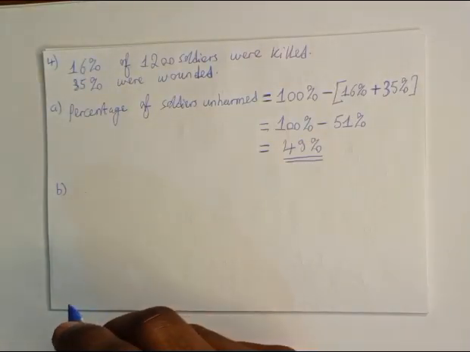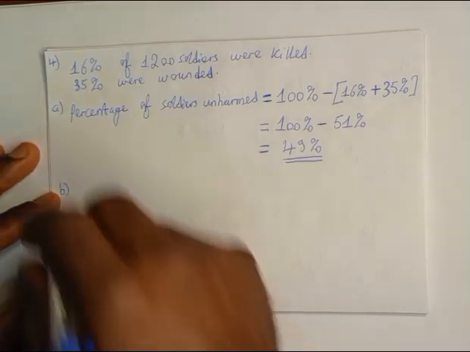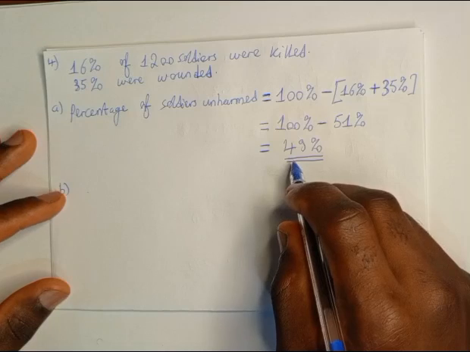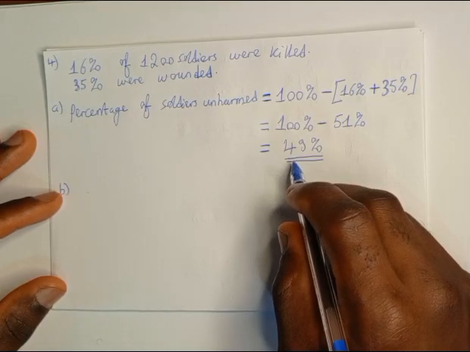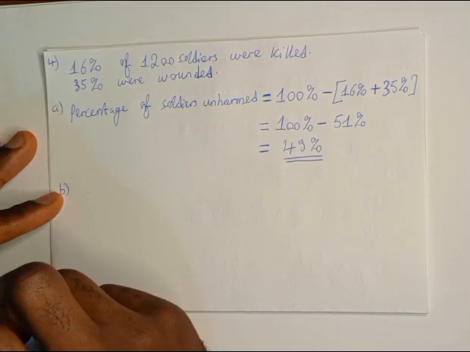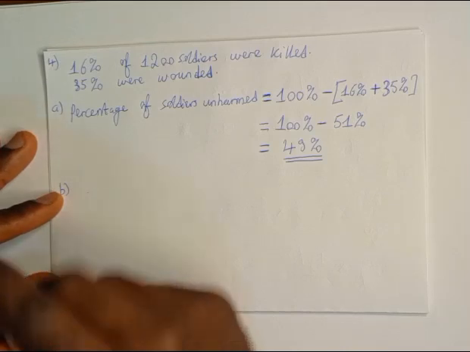For us to get the number of soldiers who were unharmed, we are simply going to multiply the fraction of the soldiers who were unharmed by the total number of soldiers who went for the battle, 1,200.